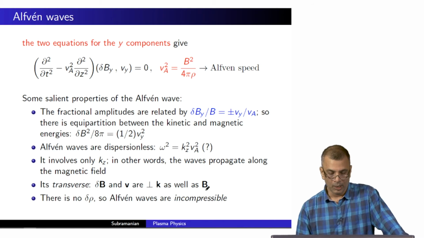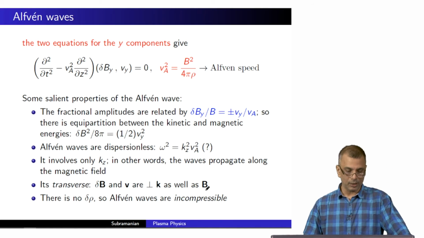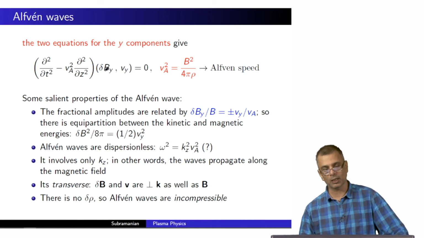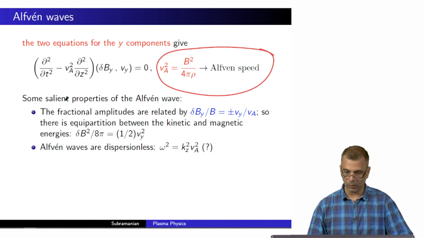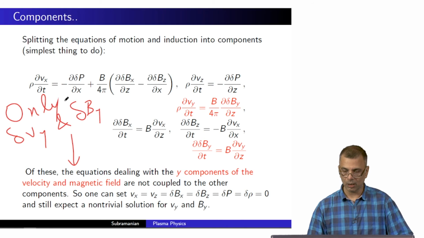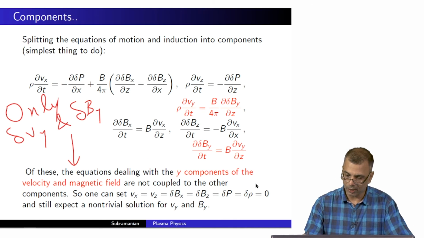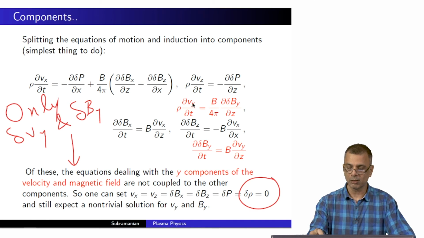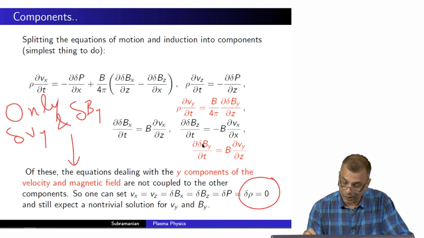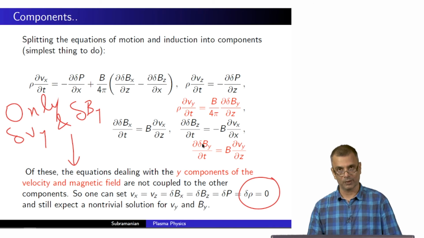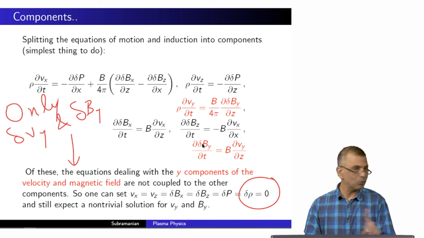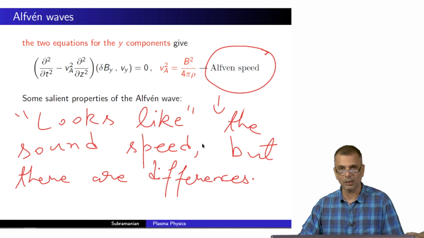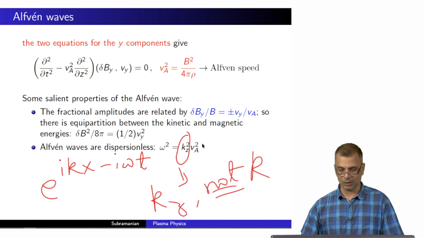The other important difference is that there is no appearance of delta rho. If you remember, we could get non-trivial solutions to these two equations with delta rho actually being equal to 0. No density perturbations. That's one way of looking at it. The other way of looking at it is that nowhere in this equation does delta rho make an appearance.